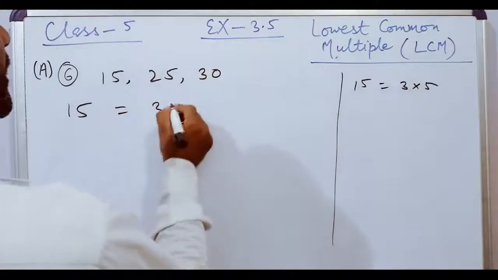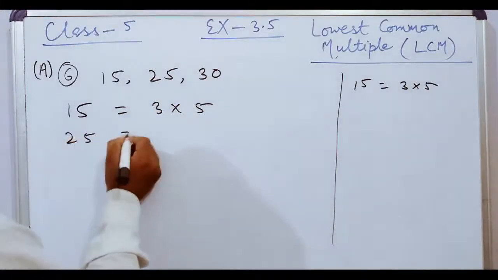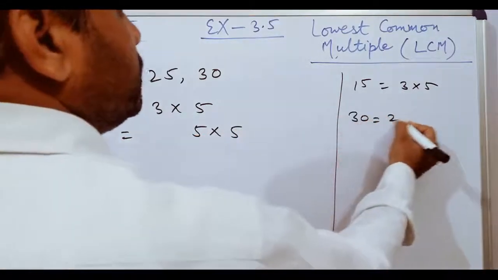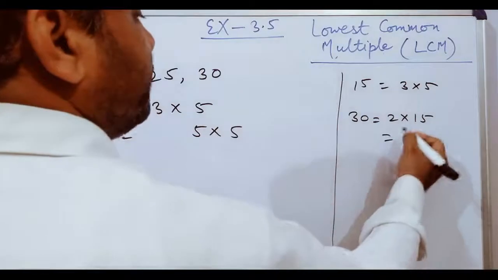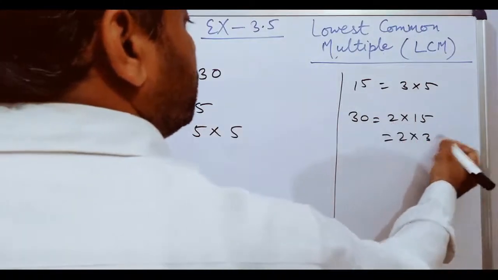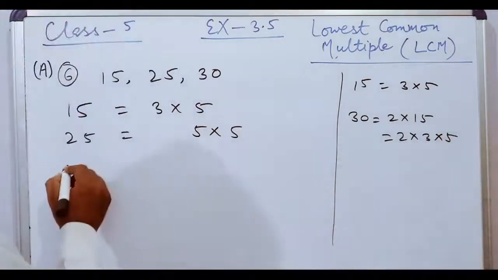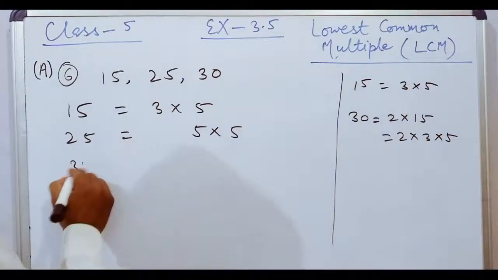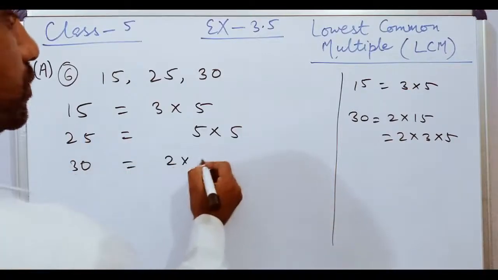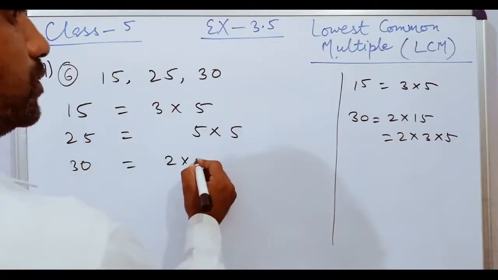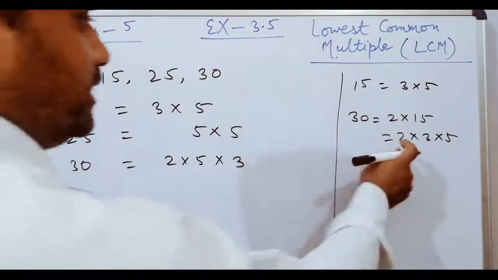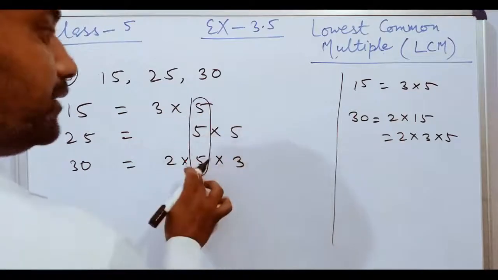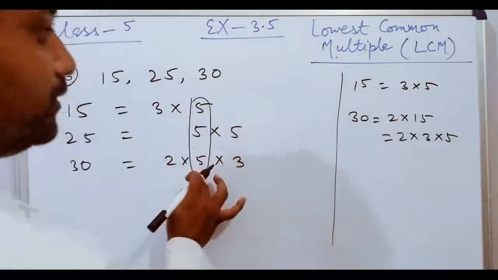So 30 can be written as 2 into 5 into 3, you can write it this side, no problem. So 5 is common. Why are we writing 5 downside here? Because 5 will come in one line.